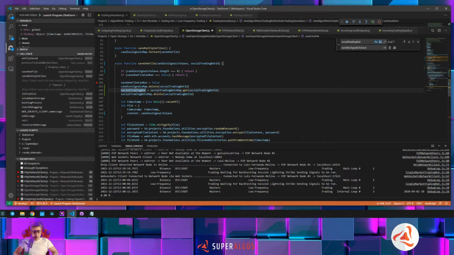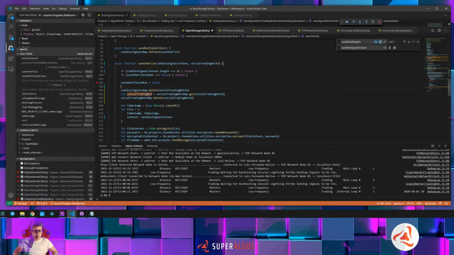Okay, here there was a let missing. Put it more tidy.